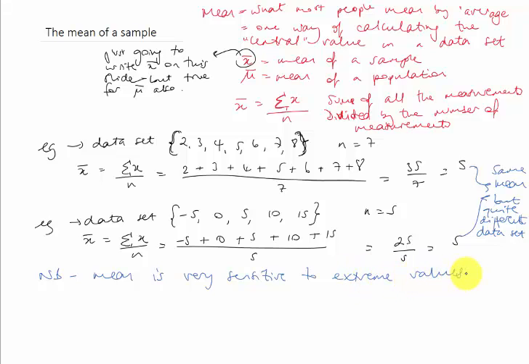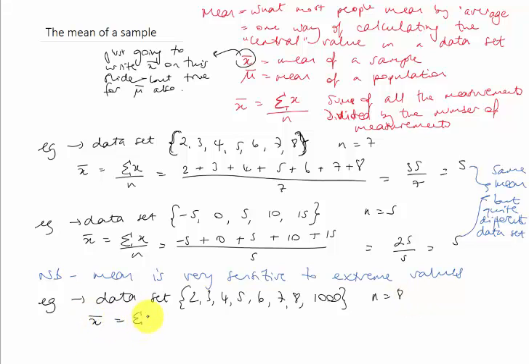Let's take this data set and add another measurement on there. So we've got 2, 3, 4, 5, 6, 7, 8, and then let's imagine we take another measurement of 1,000. So now n is 8. So the mean is equal to the sum over the number of measurements.